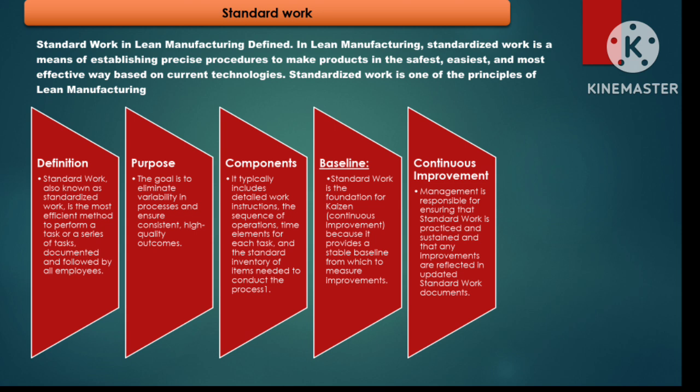And the other way also, you can say one plant is taking too much time to produce the product than the other plant. So here the same standard of work is missing. Something is not right and there is a variability in the process.